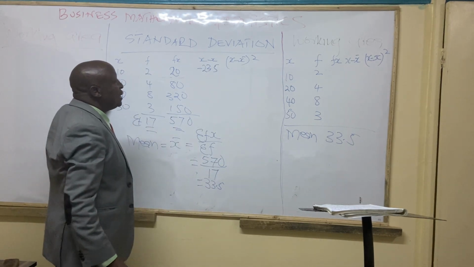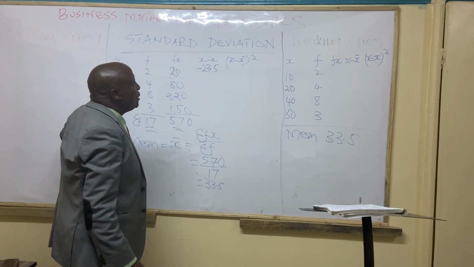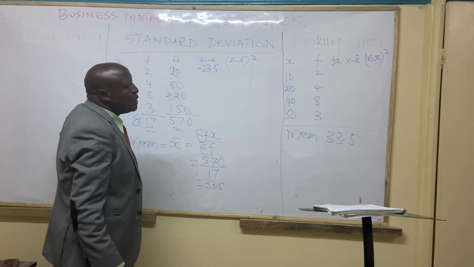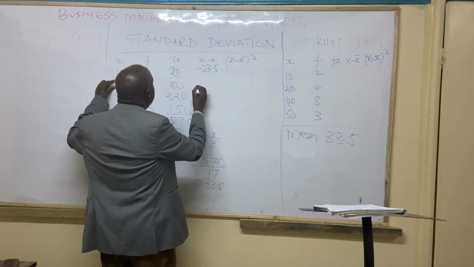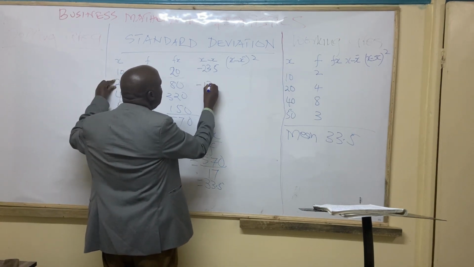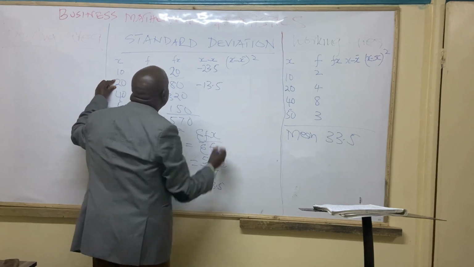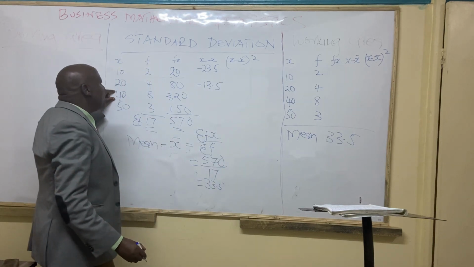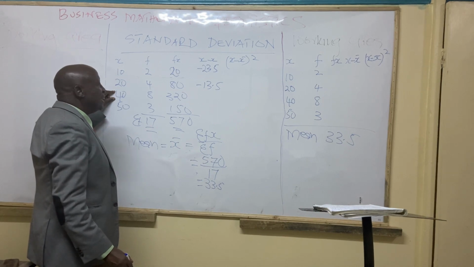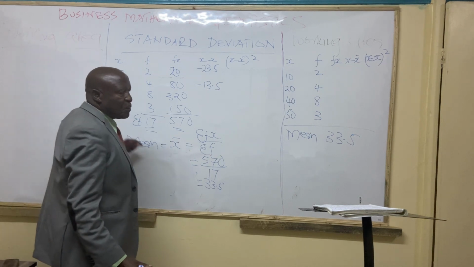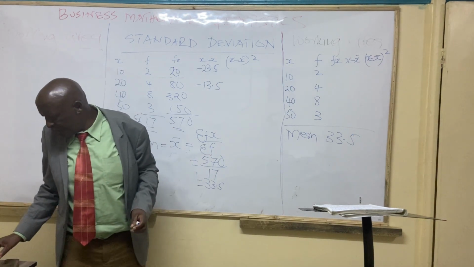Then we say 20 minus 33.5, we get negative 13.5. Then 40 minus 33.5.